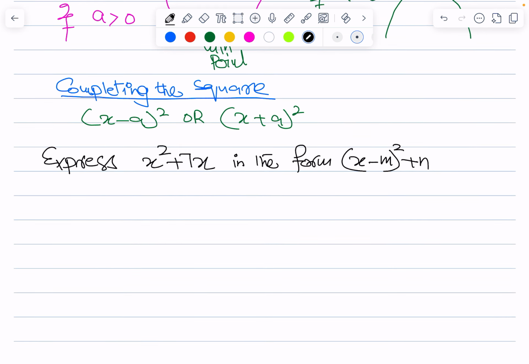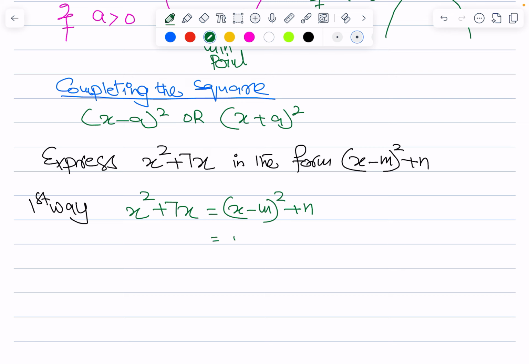First way, we will compare. First of all, x square plus 7x equal to x minus m whole square plus n.